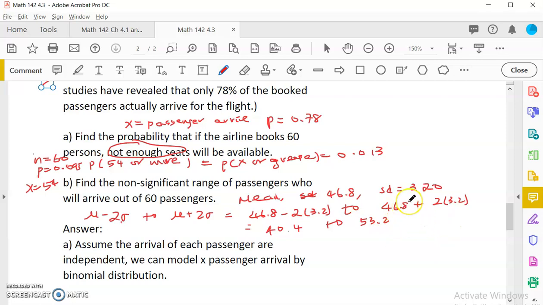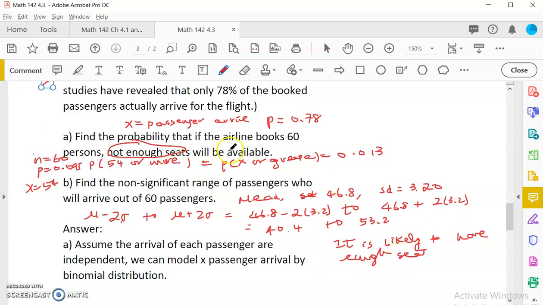So do we have enough seats? Yes, we have 53 seats, so it's just enough to cover the usual range. This is how we do it. It is likely to have enough seats, and it is unlikely to not have enough.